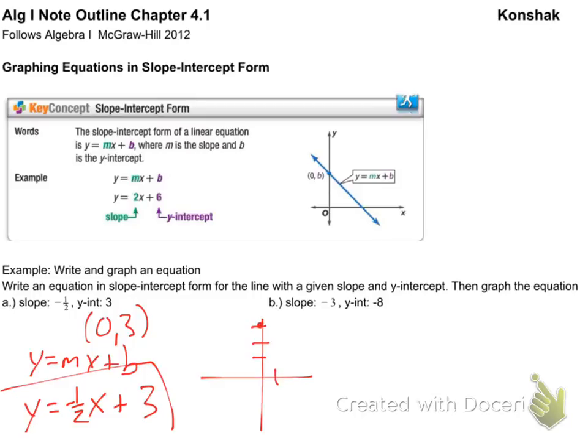And now I'm going to go down 2 over 1. I could also go up 2, but back 1. And if you notice, that forms a line. I want 1 in the forwards, 1 in the backwards.